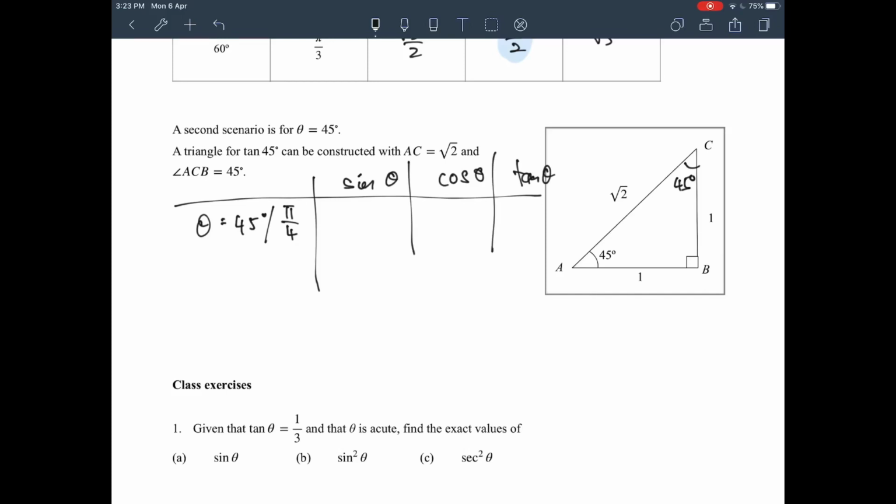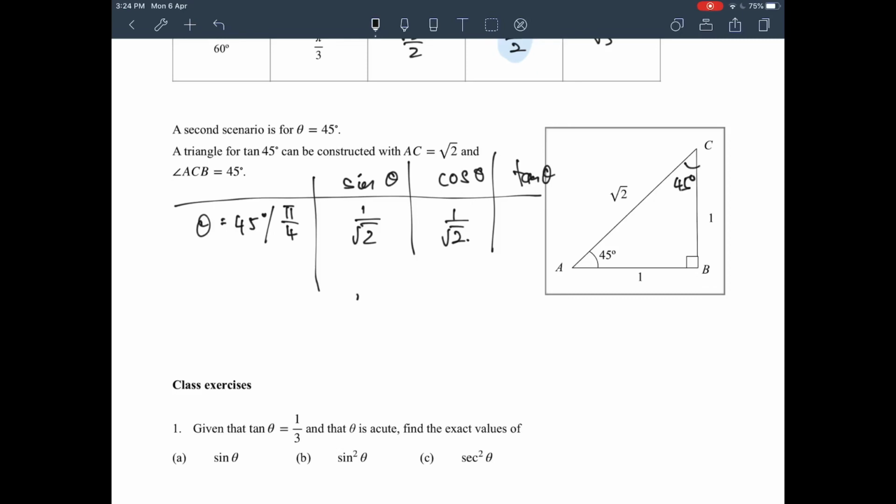Okay. So you can see that sine 45 degrees will be opposite over hypotenuse. That will give us 1 over root 2, and cosine 45 degrees will give you the same ratio, 1 over root 2.